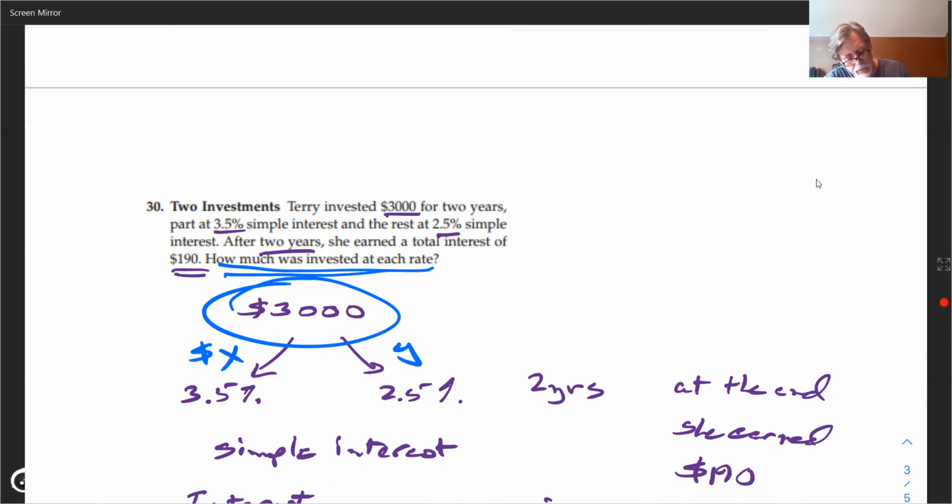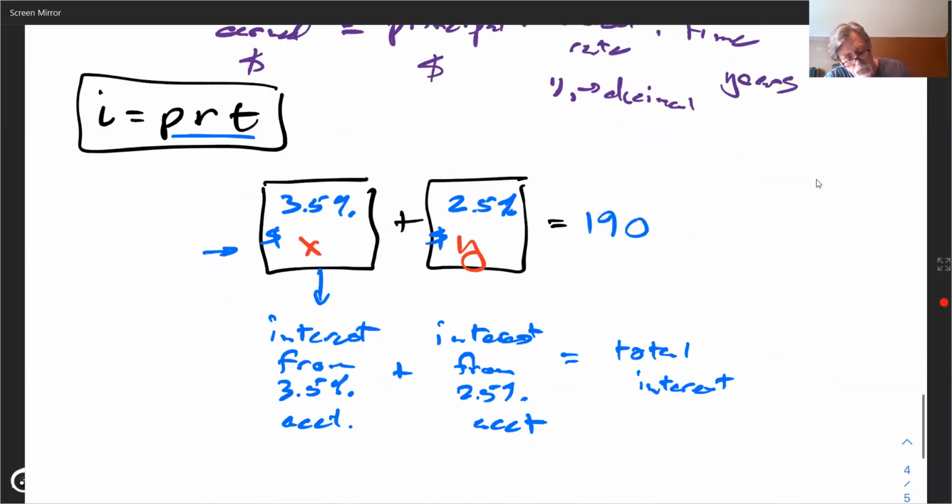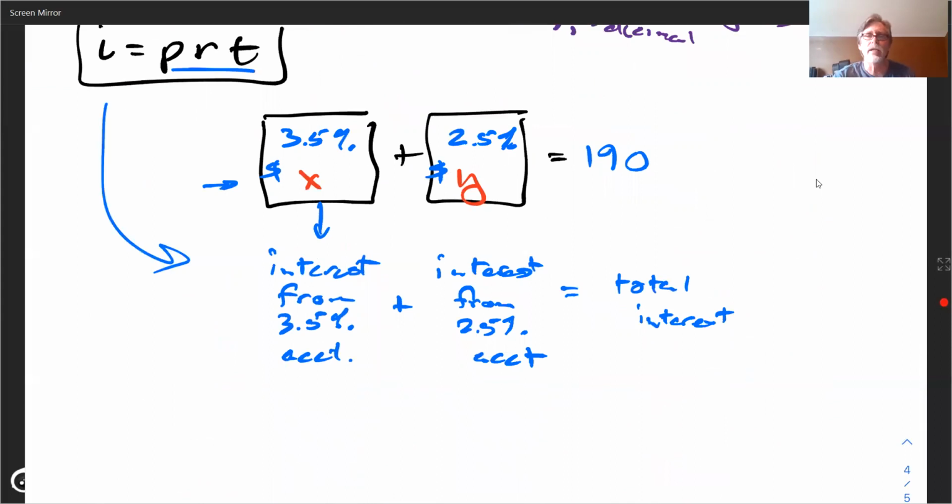dollars go in there. And the way you do simple interest is the formula I equals PRT. So the interest is the principal she put in, which is X. I don't know how much. The interest rate is, watch out, 0.035. And the time was 2 years, remember, times 2.